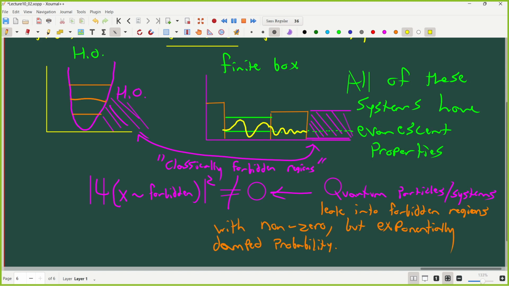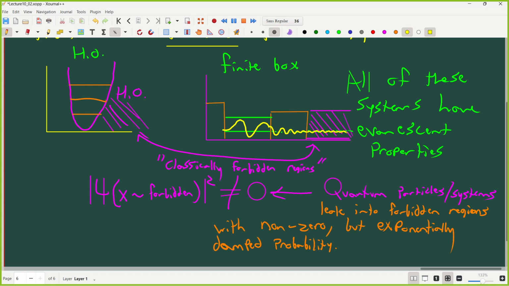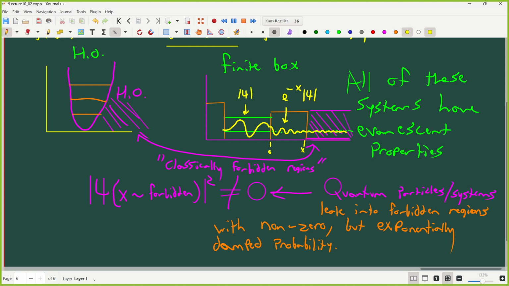And then on the other end of the box, that wave just continues on forever. So the amplitude here goes as e to the minus x. So it goes to the box, psi, and this is psi, and that's conserved on the other end.